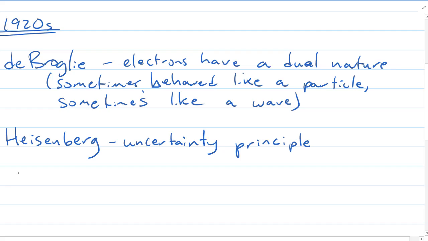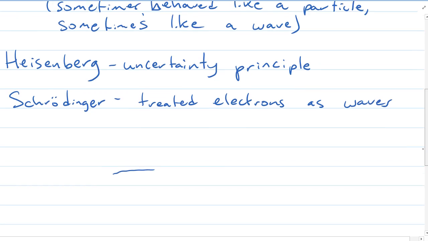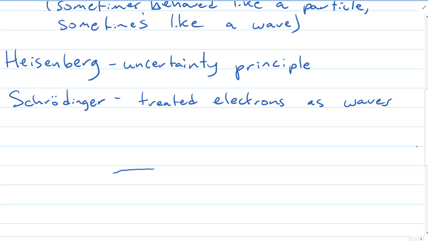And then there was a third scientist with the name of Erwin Schrödinger. Schrödinger worked about the same time as Heisenberg, and he treated electrons as waves, and came up with what we call today the Schrödinger wave equation. But again, the mathematics are way beyond this class.